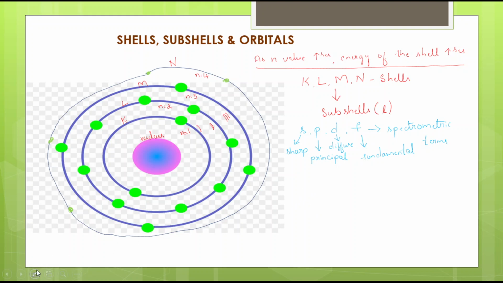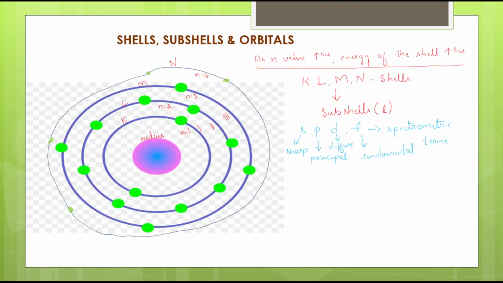If l value is equal to 0, then it is the s subshell. If l value is equal to 1, then it is the p subshell. If l value is equal to 2, then it is the d subshell. If l value is equal to 3, then it is the f subshell.